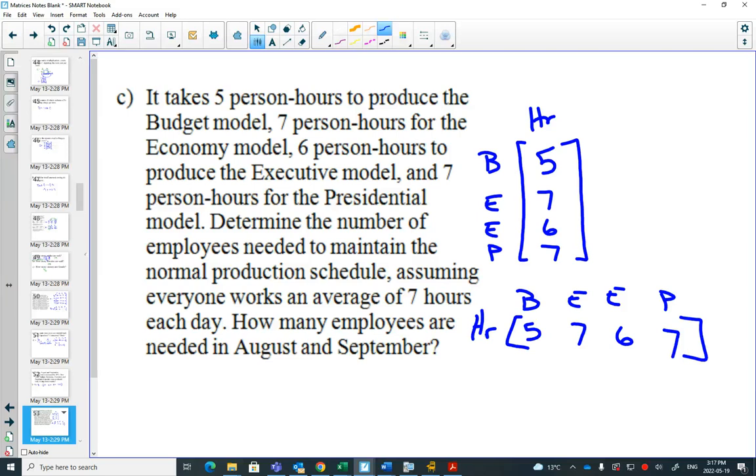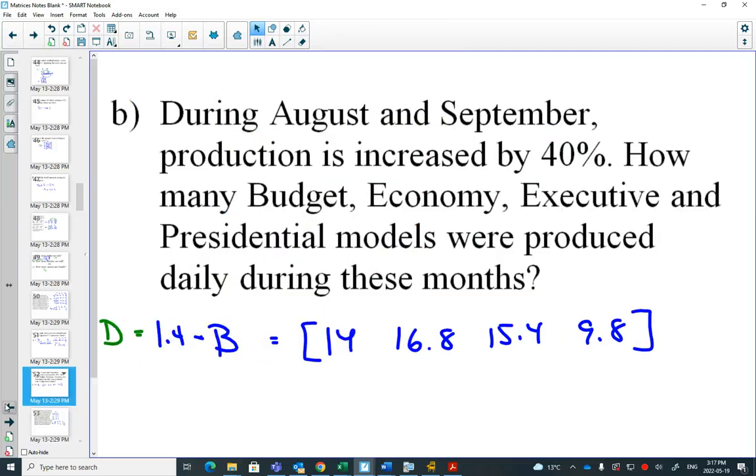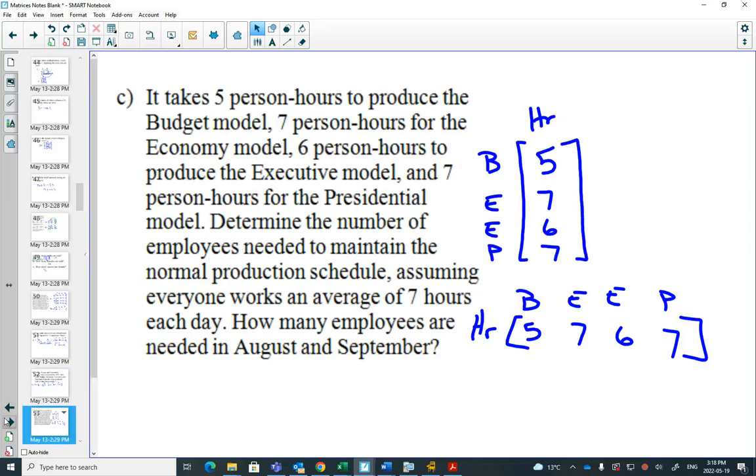Now we need to figure out which of these is going to be useful based on the answers that we have. So if we look back, here is the daily production, this is matrix D. If we took this matrix D, we would have to multiply it by a column matrix in order for things to work, because the inner dimensions would have to match up.